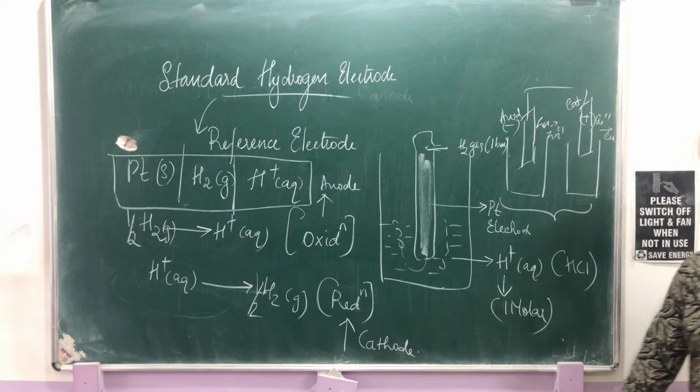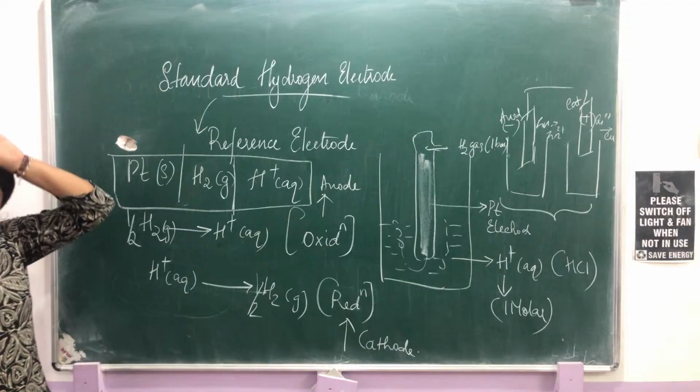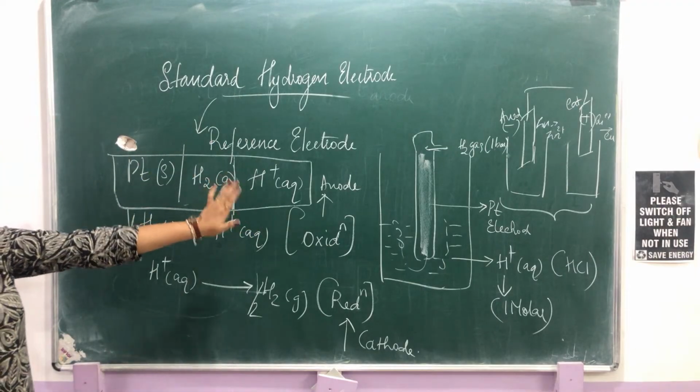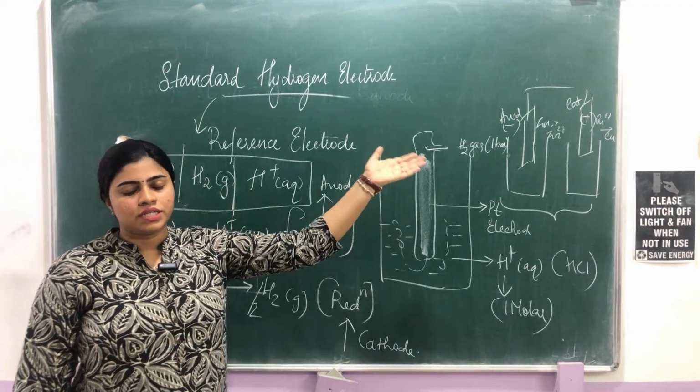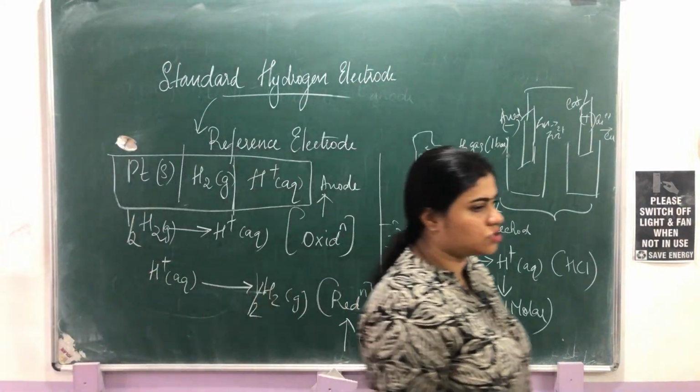Yes, are you done drawing? Okay, now write down. Quickly write what we have studied. What is it? Standard hydrogen electrode, you can just write SHE, capital SHE.